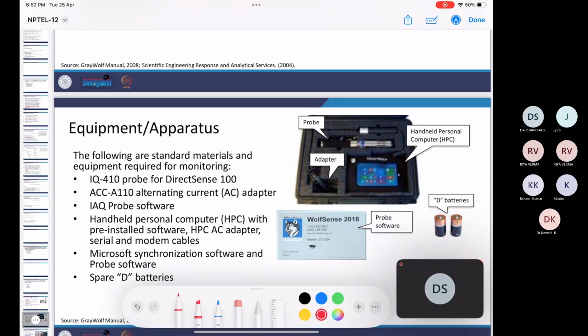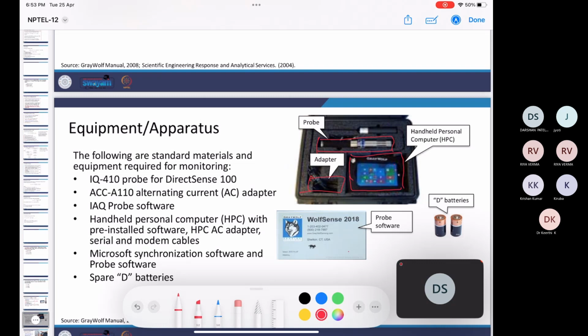So basically, this is how the equipment looks. We have a handheld personal computer. This is a type of small tablet that comes along with this multi-gas monitor. This is your measurement probe, and this is your adapter. This is your probe software that is installed in that handheld personal computer, that is your tab.